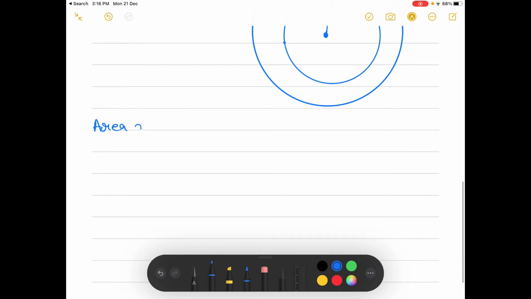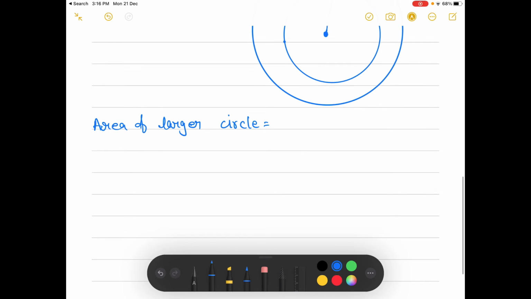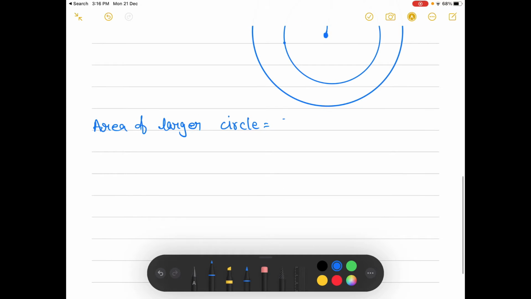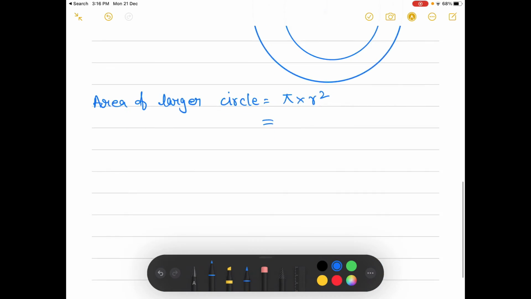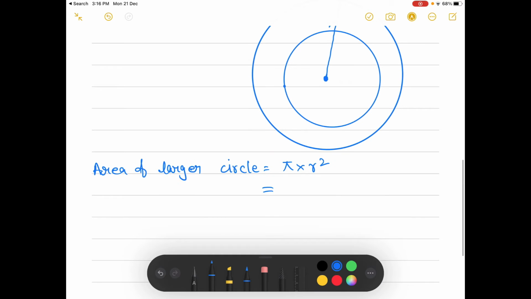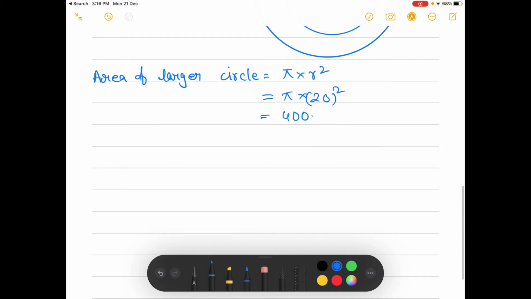Area of the larger circle is equal to, we know that the area of a circle is pi into r square. So r over here is 20, so pi into 20 the whole square, which equals 400 pi.